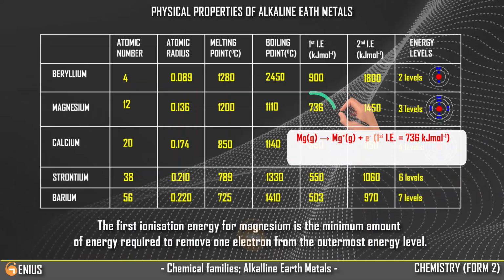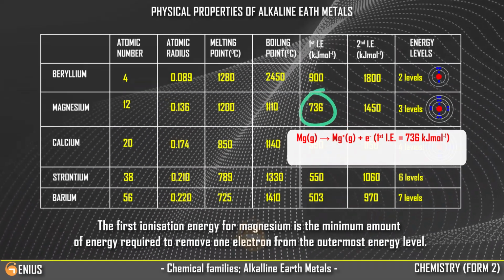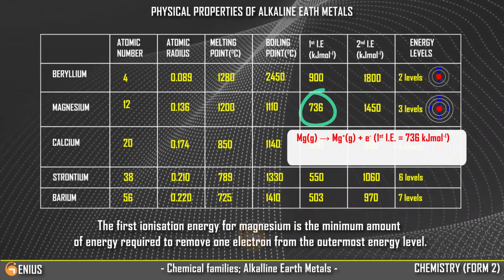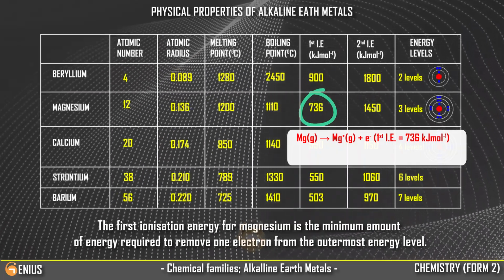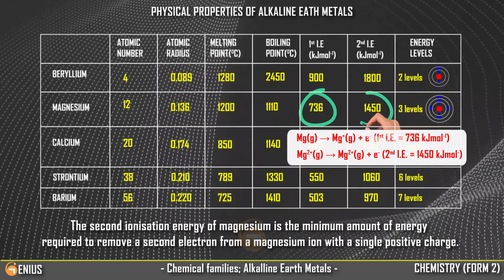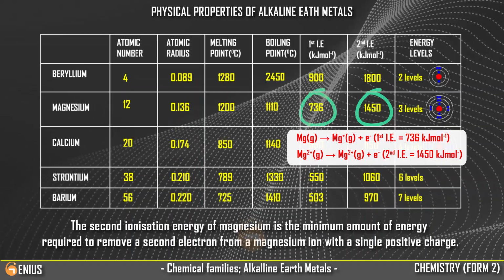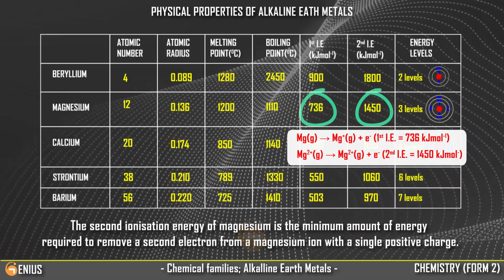The first ionization energy for magnesium is the minimum amount of energy required to remove one electron from the outermost energy level. The second ionization energy of magnesium is the minimum amount of energy required to remove a second electron from a magnesium ion with a single positive charge.